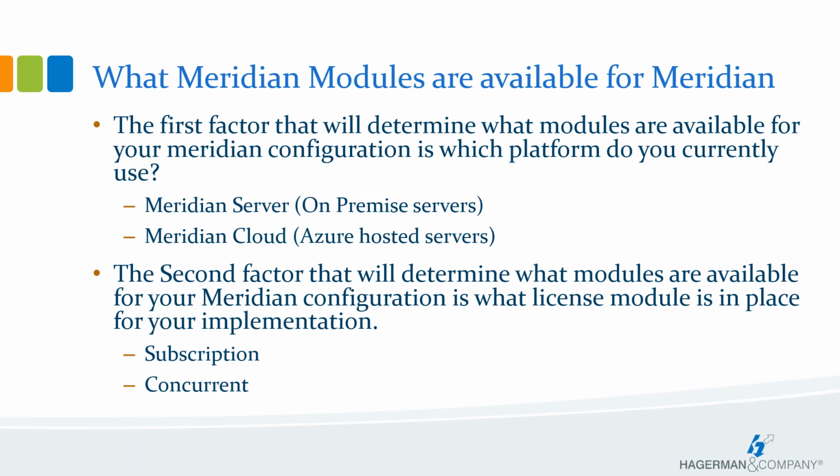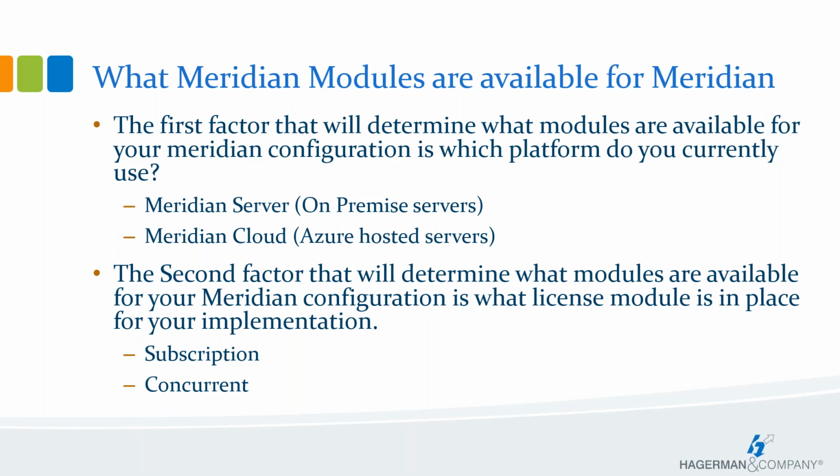You as a customer or user of the system just leverage the software and use it within the Azure hosted environment. So the first thing to do to determine what modules are available is to determine what your Meridian configuration and platform are. Then the second thing to consider is the licensing that you're currently using within your implementation.